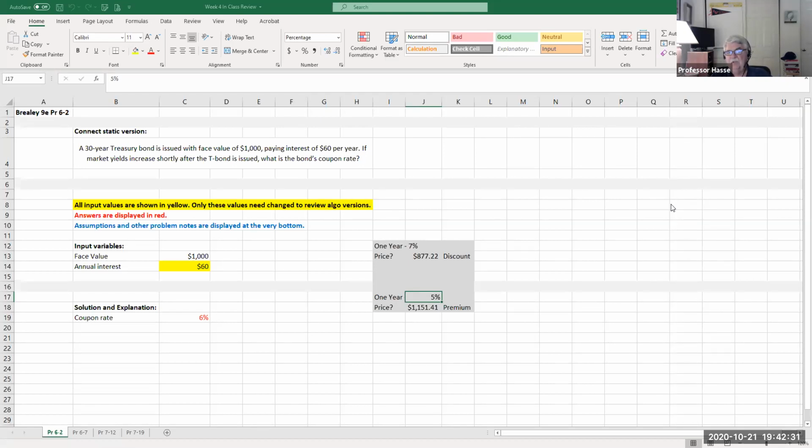And the interest is called a coupon. And that coupon is either paid semi-annually or every 6 months or annually, once a year, for the life of the bond.